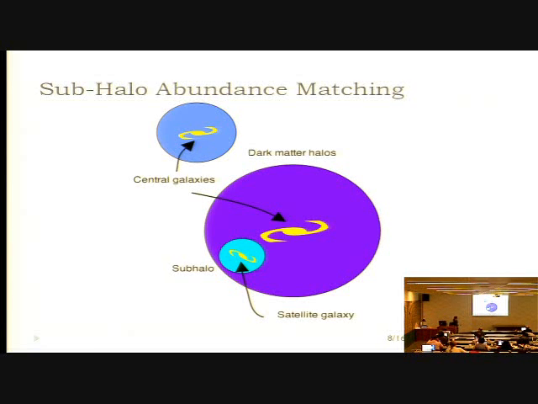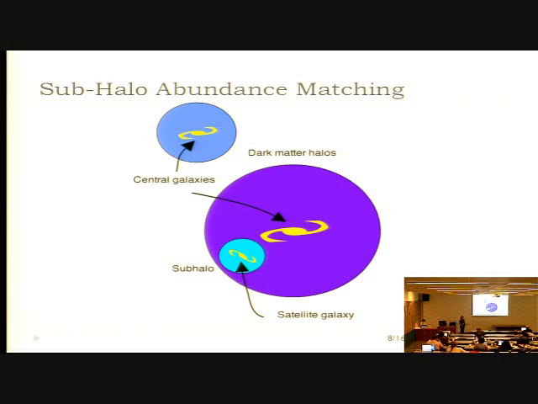The other thing you have to decide is how you're going to associate your galaxies with your dark matter halos. In principle, you can just say, put the most massive galaxy in the most massive halo, basic principle of abundance matching, and you're done.